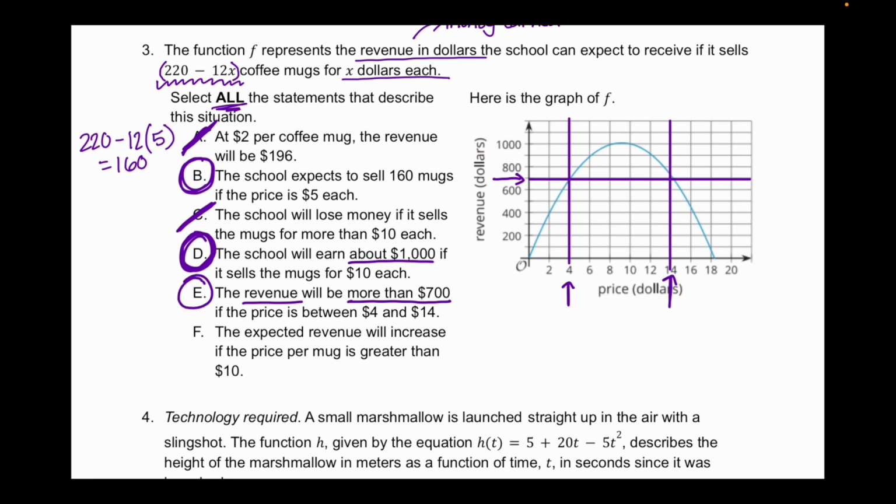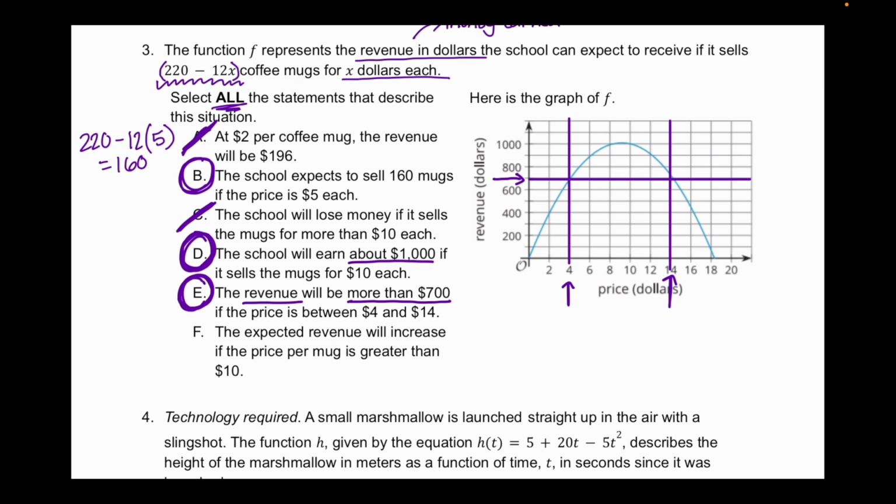So E, also true. Now the very last one, that's what I was talking about earlier, is that the expected revenue will increase if the price per mug is greater than $10. Now this is not necessarily true. If this said decrease, I would agree.